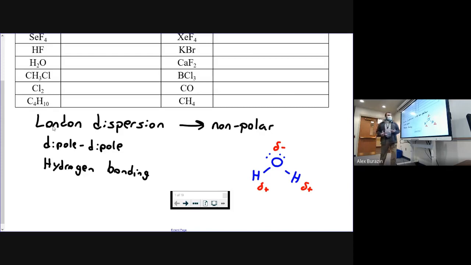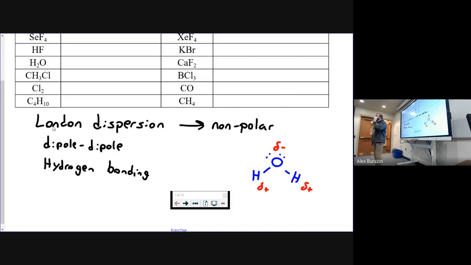If it were linear, then I would have the oxygen in the middle, the hydrogens coming out on either side, and it would be symmetrical, and it would be non-polar. But water being bent is part of the reason why it's polar. So polar means partial charges are on your molecule. Non-polar means perfectly symmetrical, usually, and all of those partial charges are canceled out.